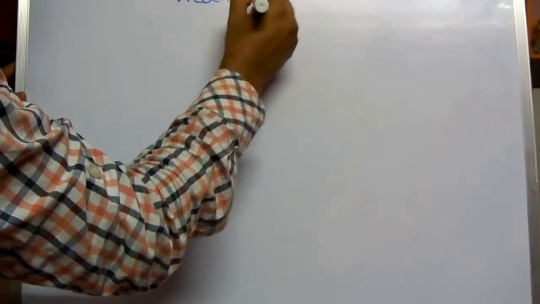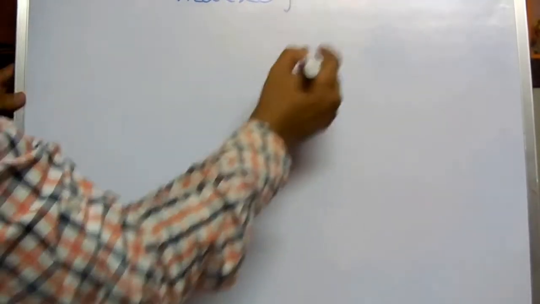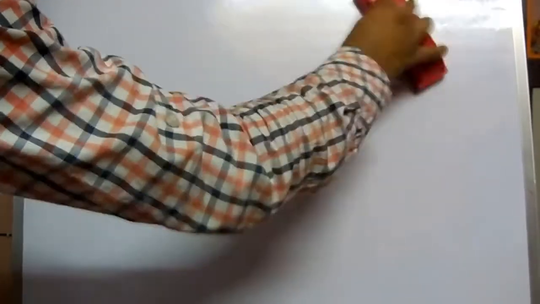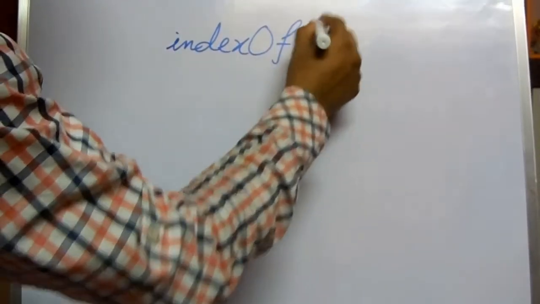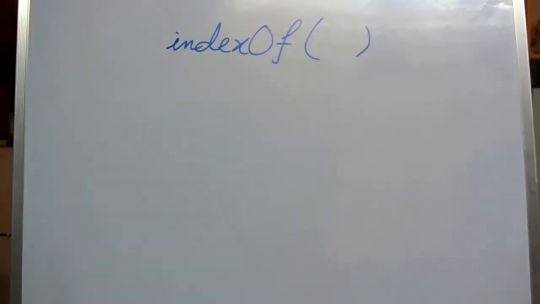The name of the function is indexOf, with capital O. What is the indexOf function? The indexOf function returns the index value of any particular character from a string.